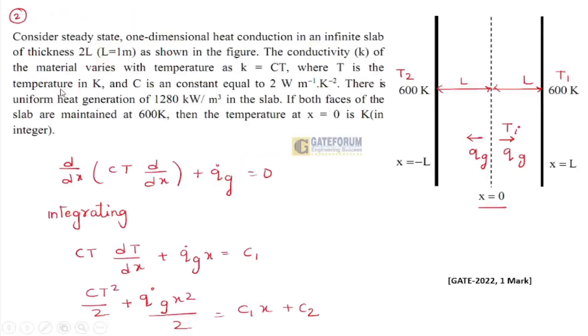When we are talking about the boundary conditions, at x is 0, dT by dx is also 0, and at x is L, T equal to 600 Kelvin. So when you substitute back, what happens to C1? It is 0. C2 is C T1 squared by 2 plus qG into L squared by 2. This is the condition which you are going to get.